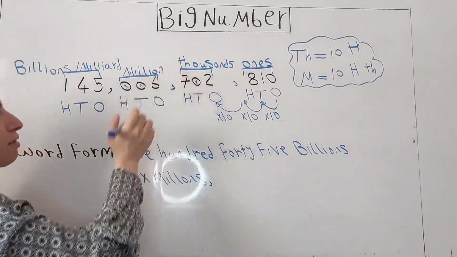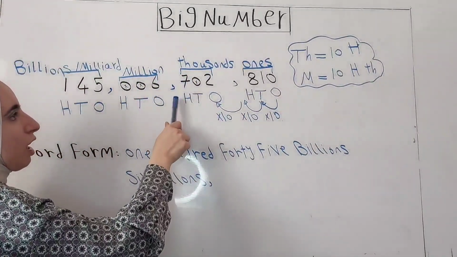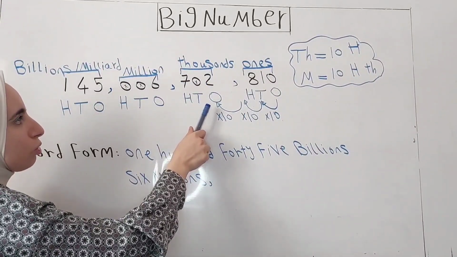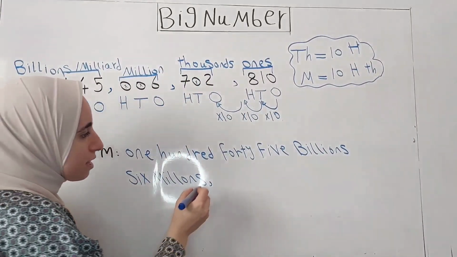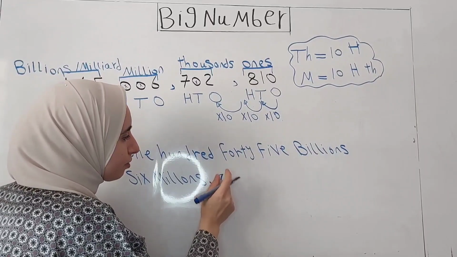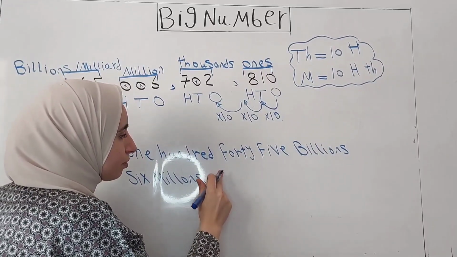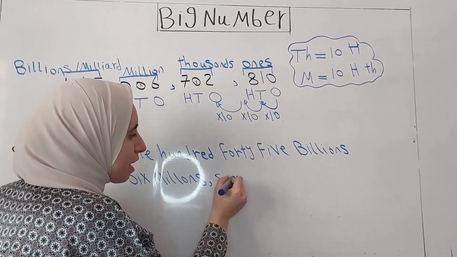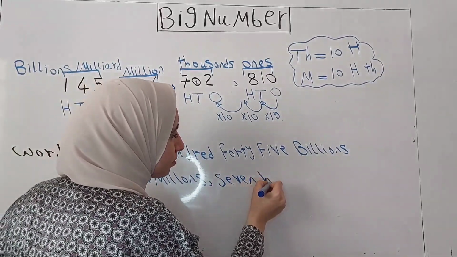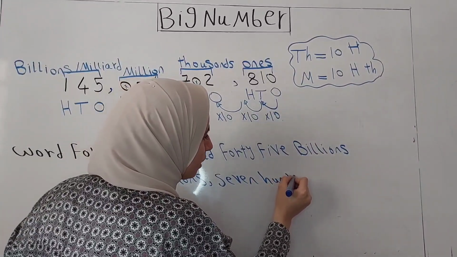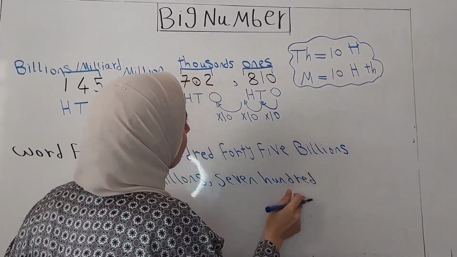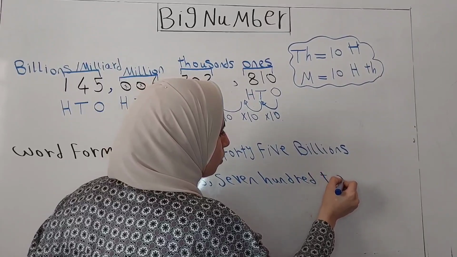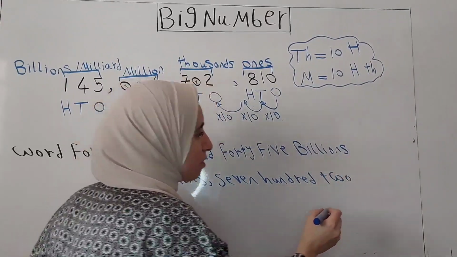Then we go to the thousand family and read 702,000.